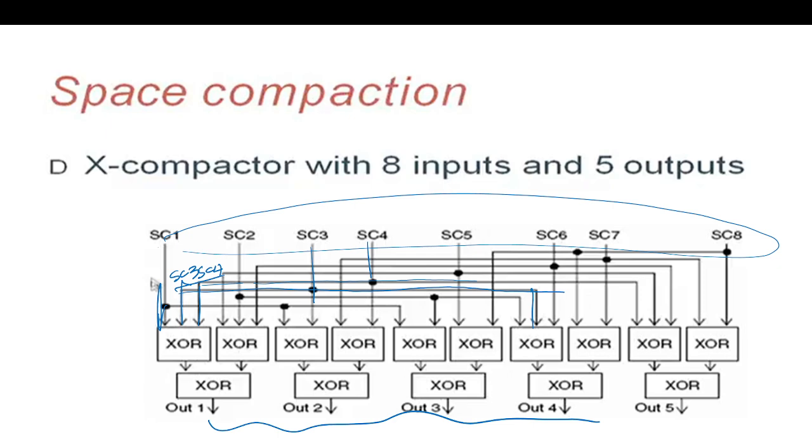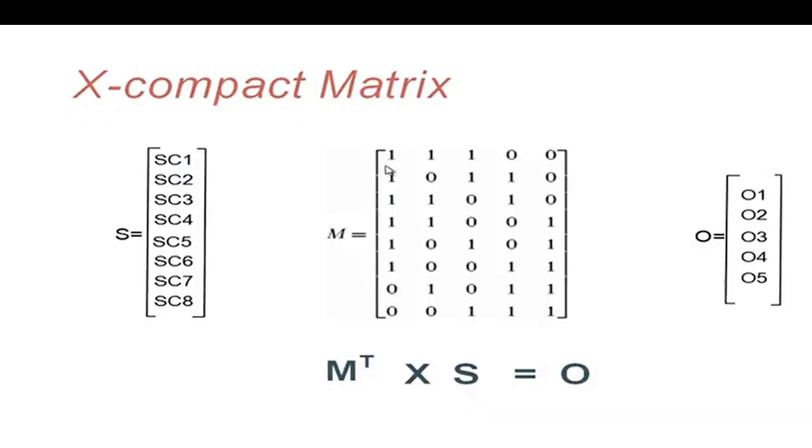This way we just compress it using the XOR. For the X compact matrix, we multiply M transpose into S, which gives the output. So you can see we have 8 values here, but the output we will get is just 5.